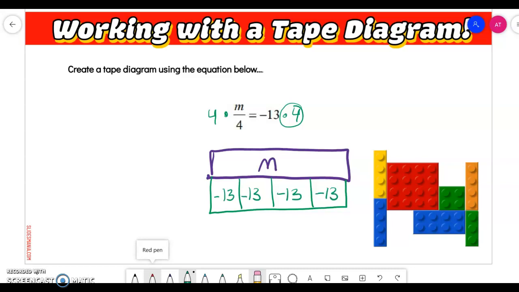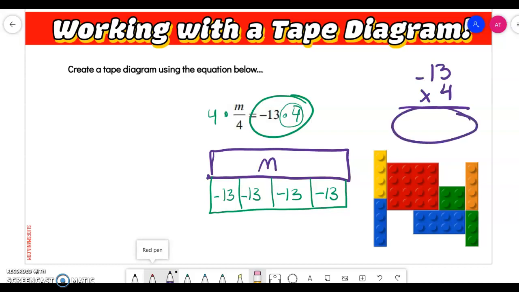This says that 4 sets of -13 will also be equal to m. So if you did off to the side -13 times 4, that amount is what m is.